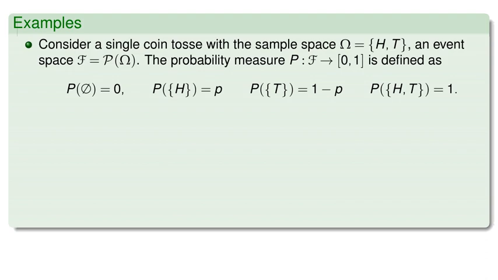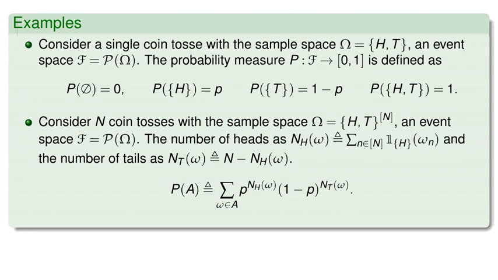A probability measure P from script F to the closed interval from 0 to 1 can be defined as P of empty set equals 0, P of H equals p, P of T equals 1 minus p, and P of the set {H, T} equals 1, where p is some value between 0 and 1.